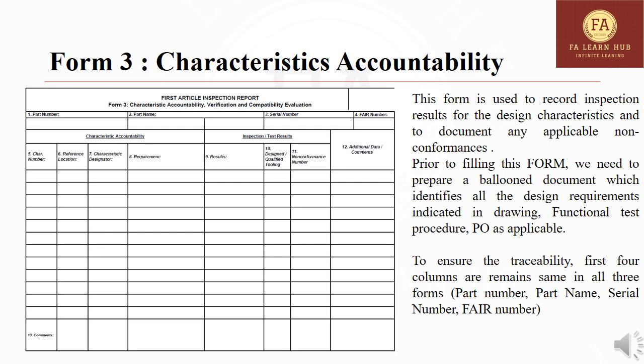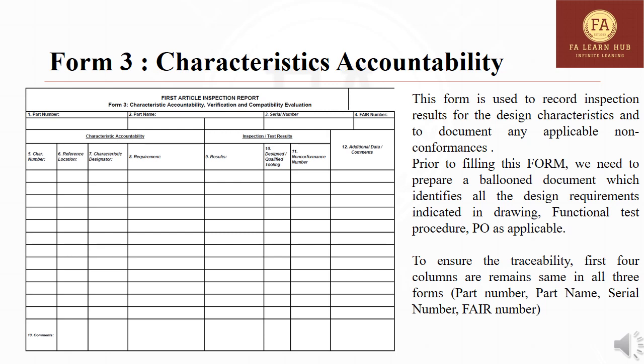Form 3, characteristics accountability. It means this form is used to make an account of each characteristic or each requirement indicated in the PO or design documents such as drawing, DPD, BOM, etc. This form is used to record inspection results for design characteristics and document any non-conformance.